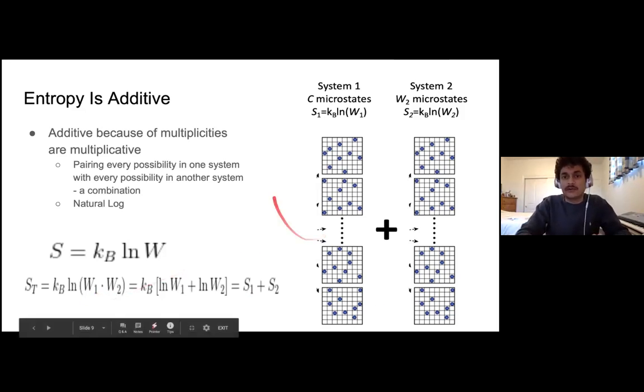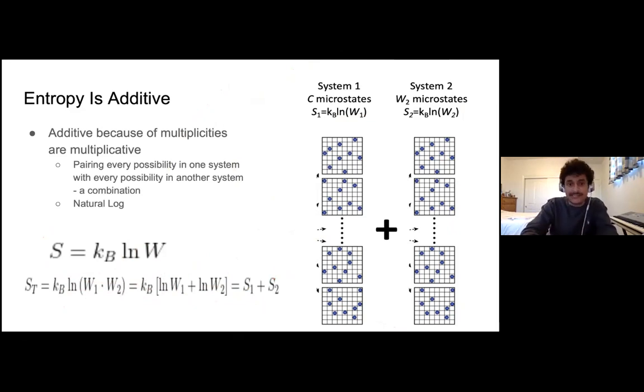So if we're calculating the total entropy of these two systems, we'll first calculate total multiplicity by multiplying their individual multiplicities together, W1 times W2, then plug into this general equation, and through our natural log rules, we can split that up into ln W1 plus ln W2. And if we redistribute this, we find that's simply just the entropy of system 1 plus the entropy of system 2. So it's an important thing to note there that the entropies are additive, but if you're looking at total multiplicity, you have to multiply them together.